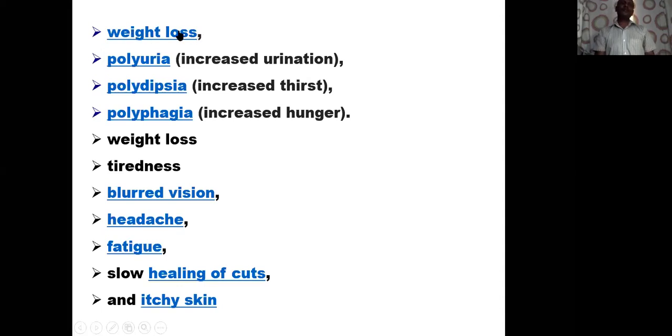So weight loss, polyuria, that is increased urination, and polydipsia, increased thirst, because water reabsorption will be prevented.